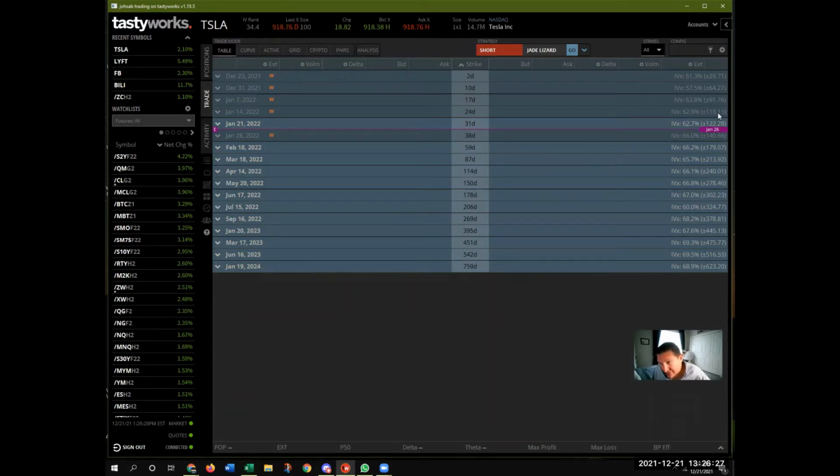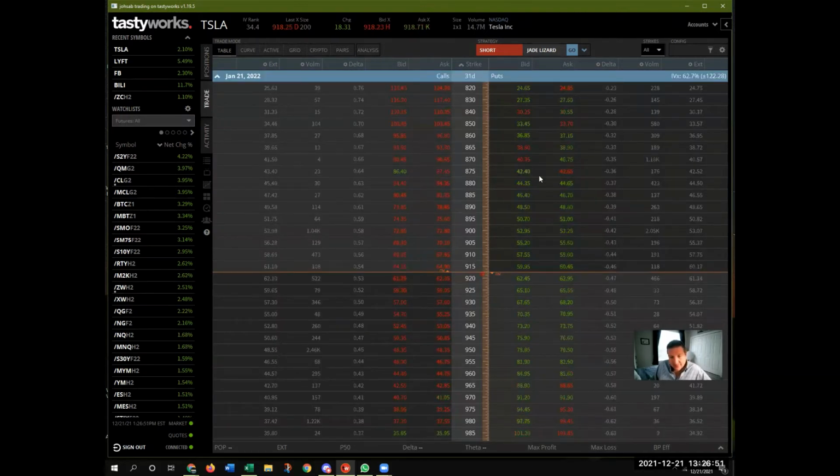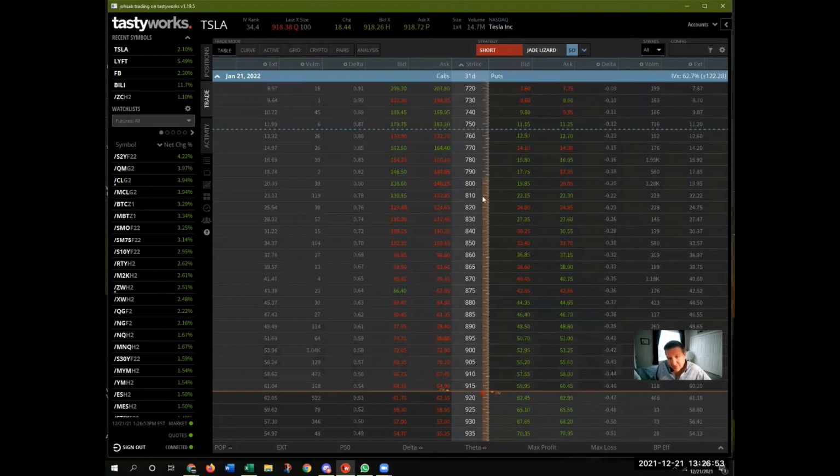You can see there's an expected move of 122 points, plus or minus, from the 917. For IV rank, we try to be over 20. If we're selling credit and it's under 20, we'll do a debit spread, but generally we like to be credit or premium sellers. Coming out to January, this brown mark is the expected move.